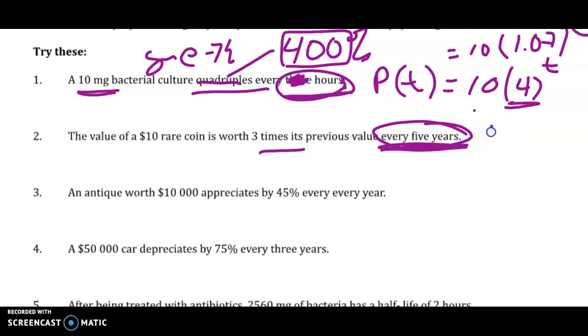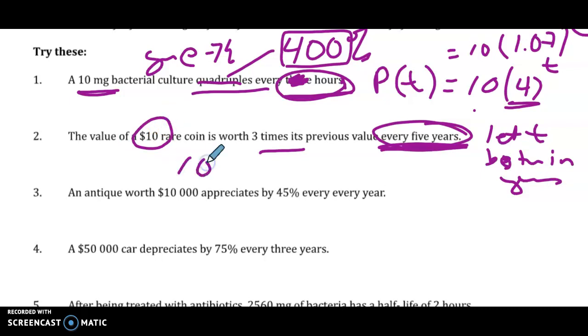So if we let T be time in years, and we start at $10 and it triples, you can't put T as the exponent in years, because that's not going to work. It doesn't triple every year. It triples every 5 years. Now you could make T the number of 5-year periods, but that's a bit weird, right?